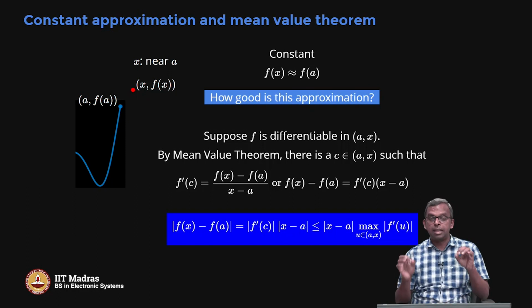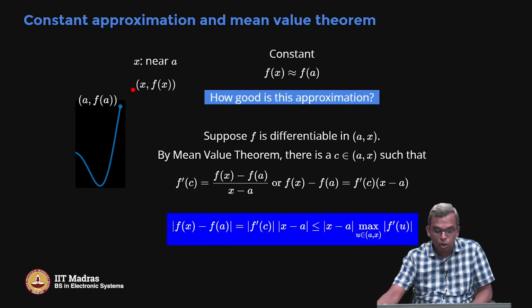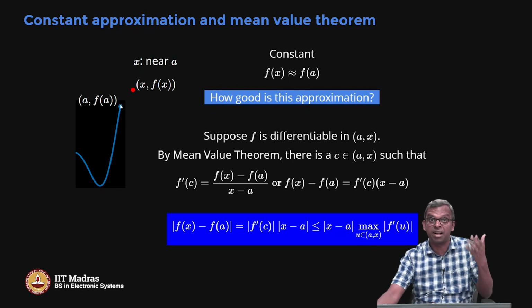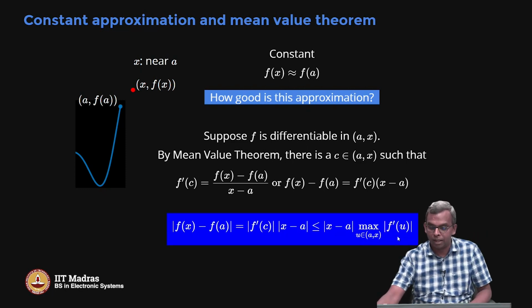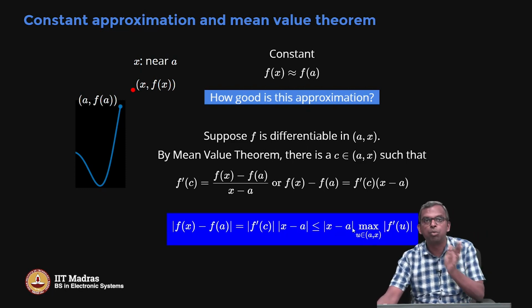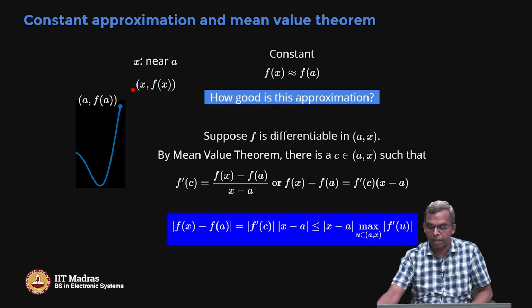This precise result relates the error of constant approximation to the value of the derivative in the interval (a, x), which is the largest rate of change in (a, x), multiplied by how much you move away from a, mod x minus a. Notice once again it's a very elegant result.